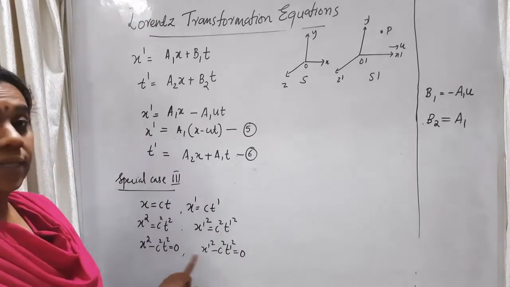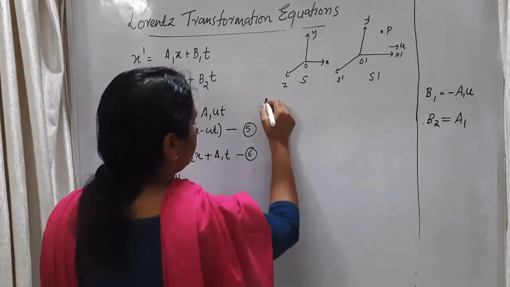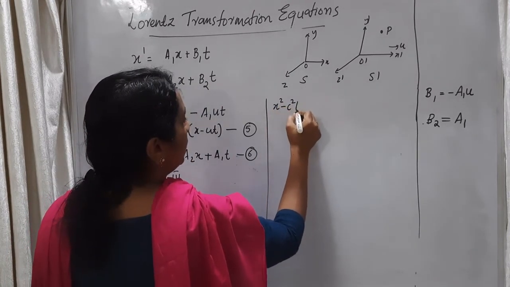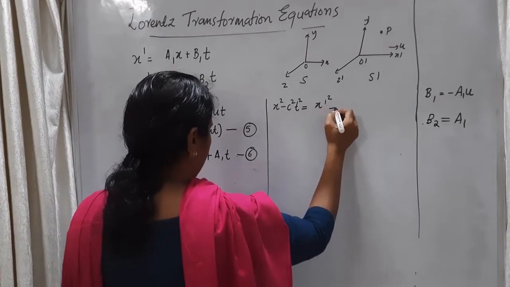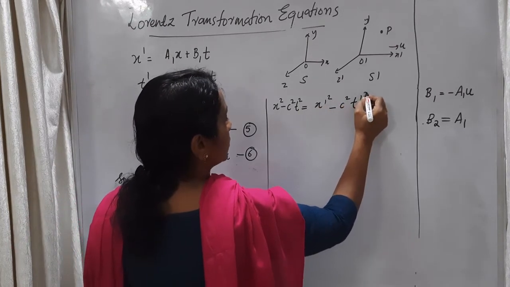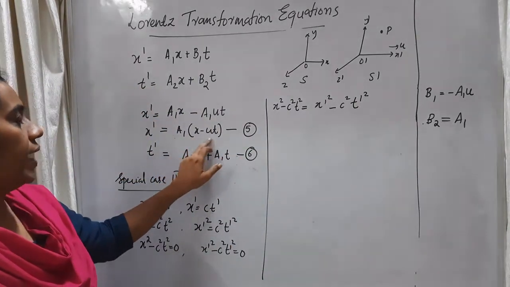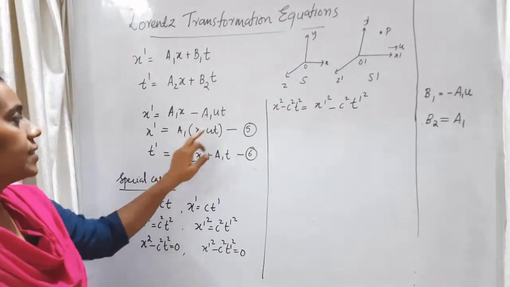So we can equate these two. Okay, I can put x square minus c square t square is equal to x dash square minus c square t dash square. Now let me substitute for x dash and t dash in terms of x and t.